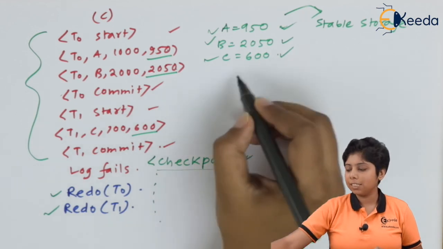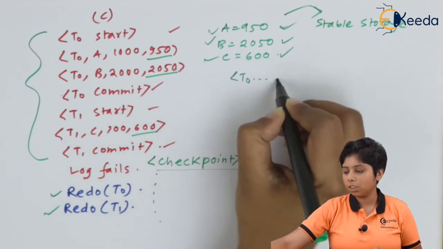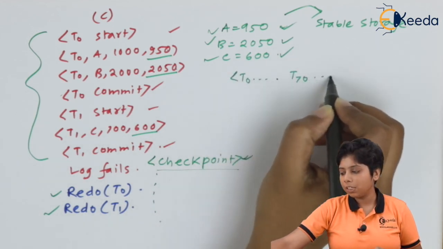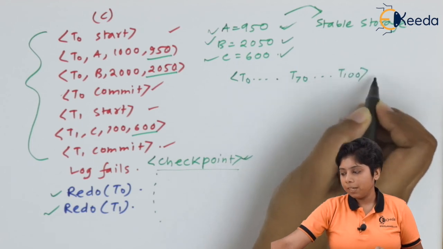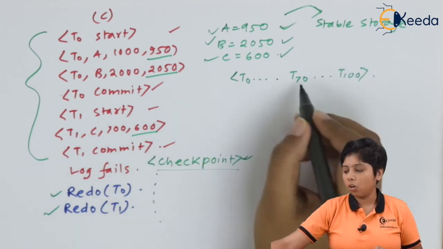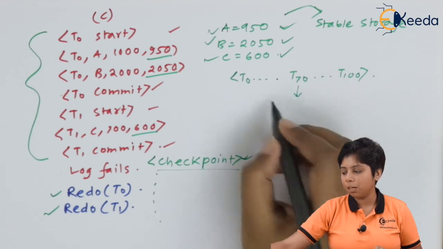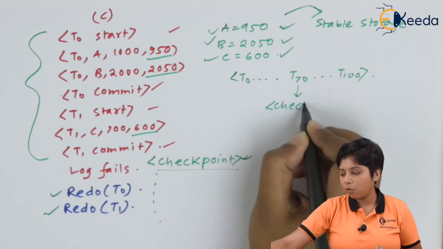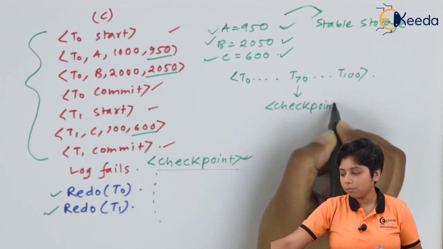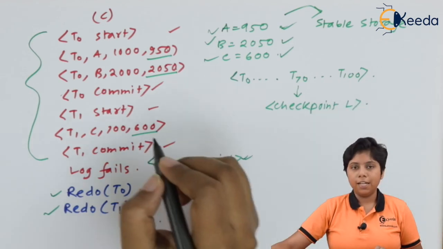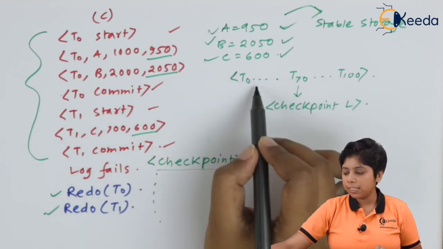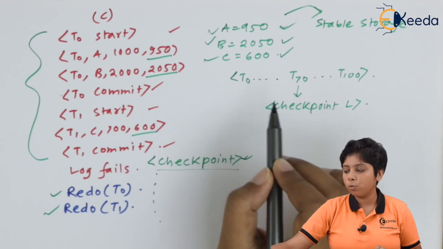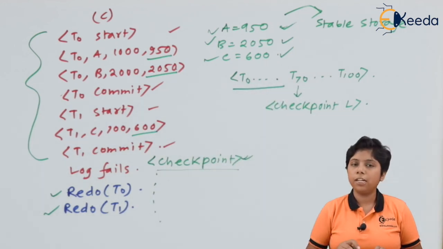Before that, let us consider that there are transactions T0, T70 till T100. Now we have made this log such that after T70 has completed, we find one checkpoint L here, and the previous transactions, 68, 69 and so on, need not be redone or undone.